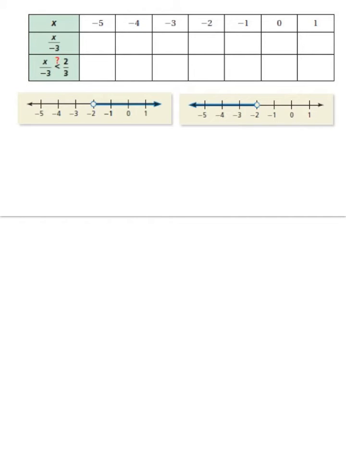So let's try the same idea for this one, and this is I believe letter D, where it says x over negative 3 is less than 2/3. So again, I want to plug in a value. So I'm going to plug in negative 5 over negative 3. And that's the same thing as 5/3.